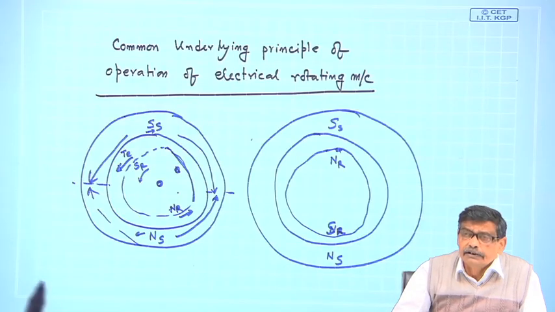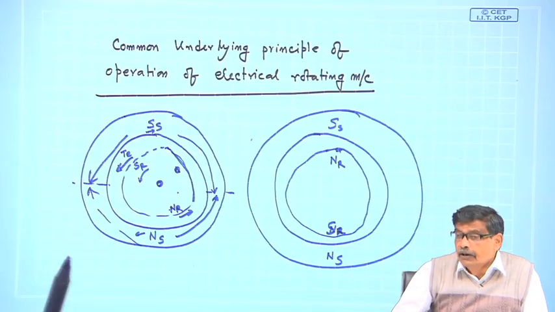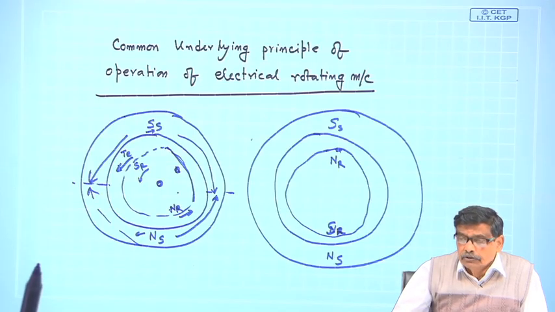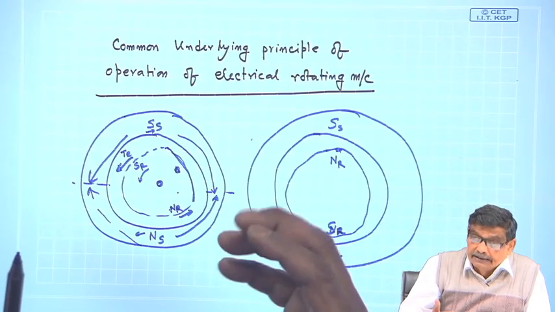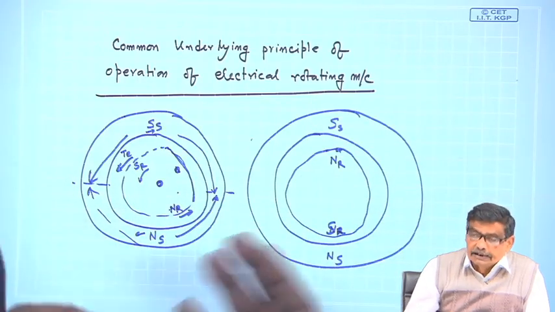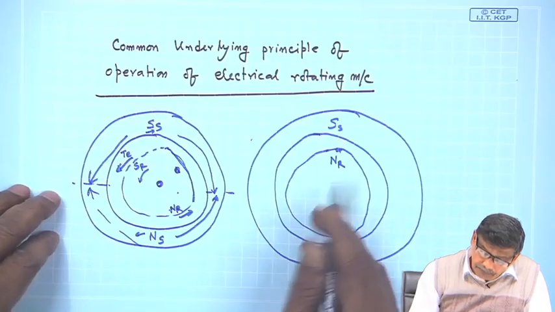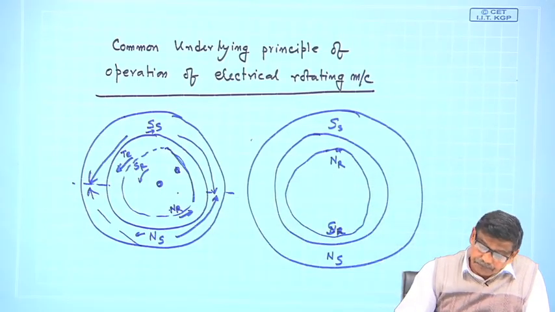Why is it necessary to produce electromagnetic torque? Because if it is a motor, you have to do some work. So there will be an opposing force, and that much opposing force must be created to have sustained rotation. Therefore, this is the situation.